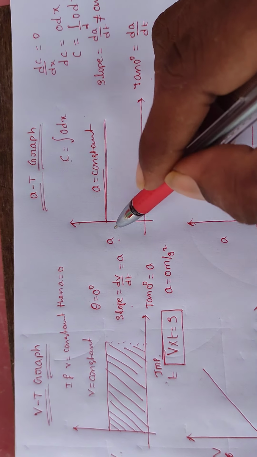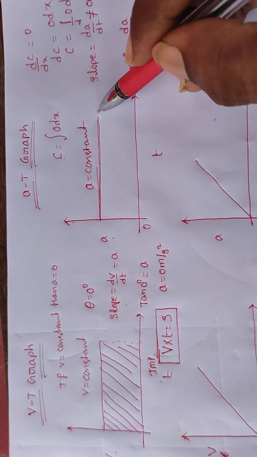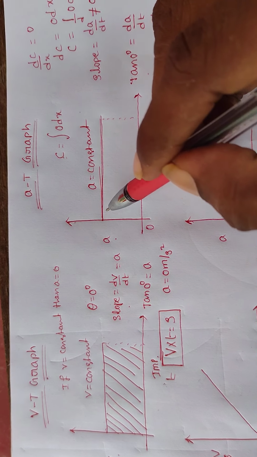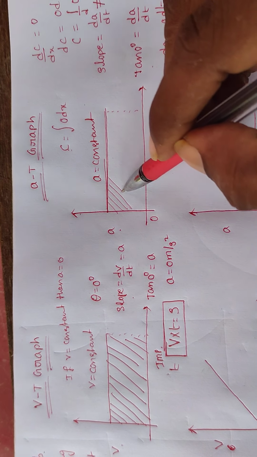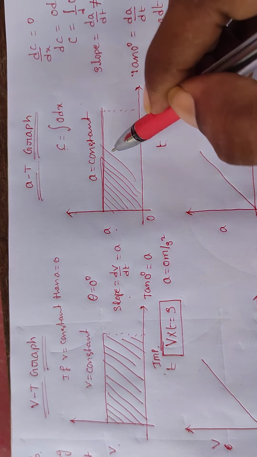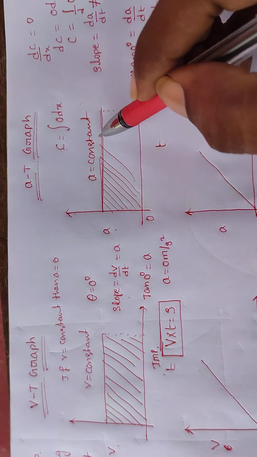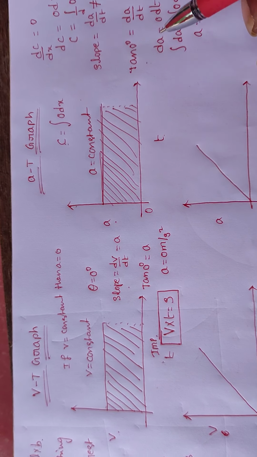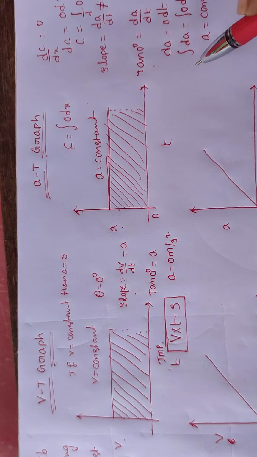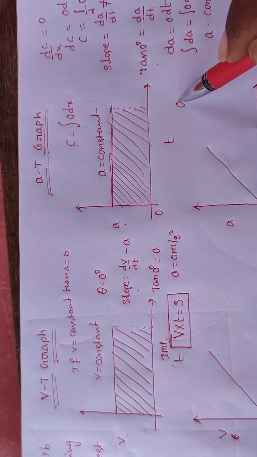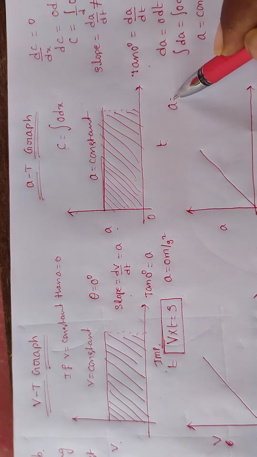But in the third condition, you have to observe the area under your acceleration time graph. The area under the acceleration time graph represents change in velocity. Just identify the acceleration formula: a equals (v minus u) by t, so v minus u equals a t.